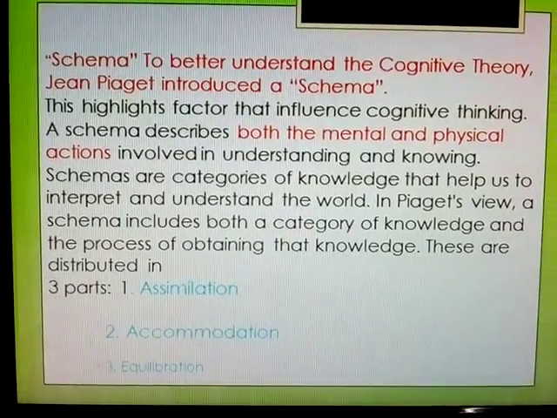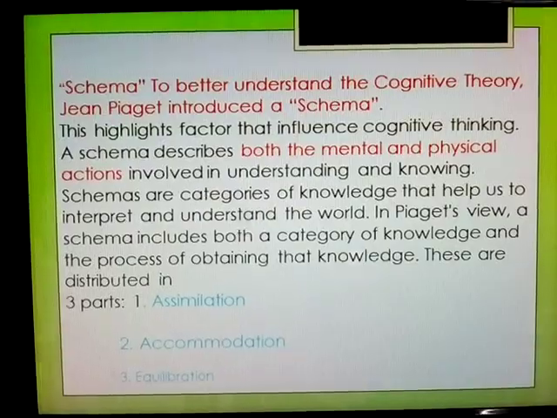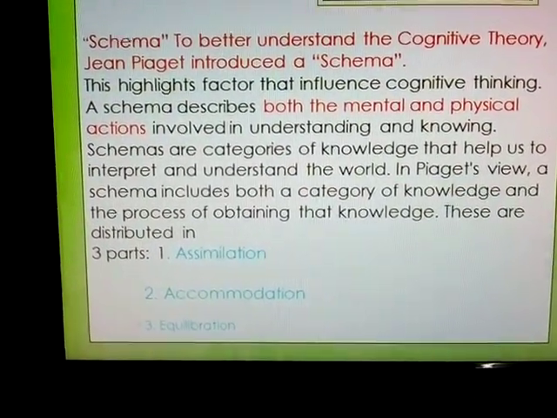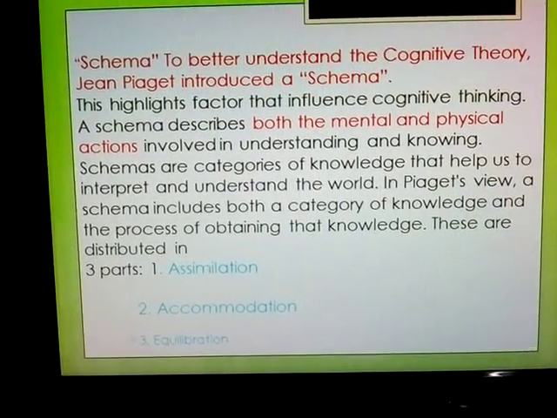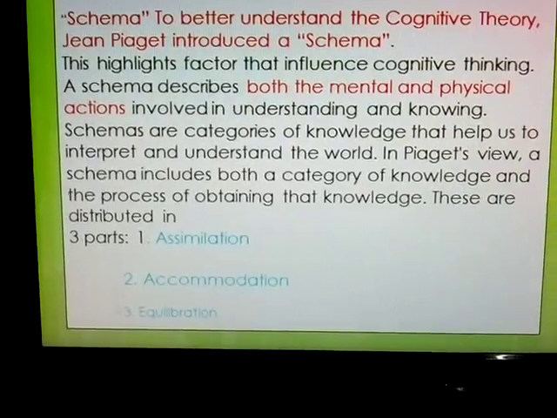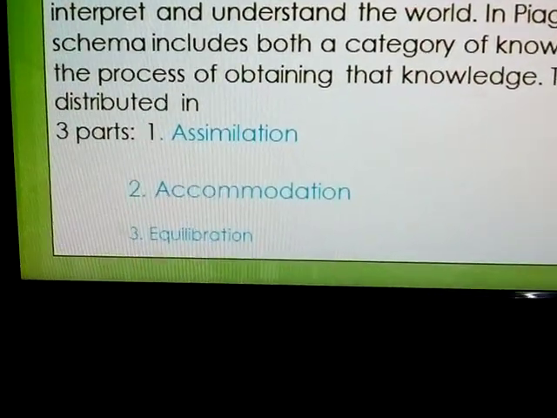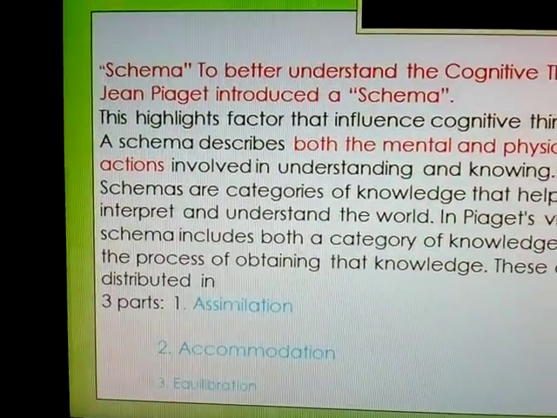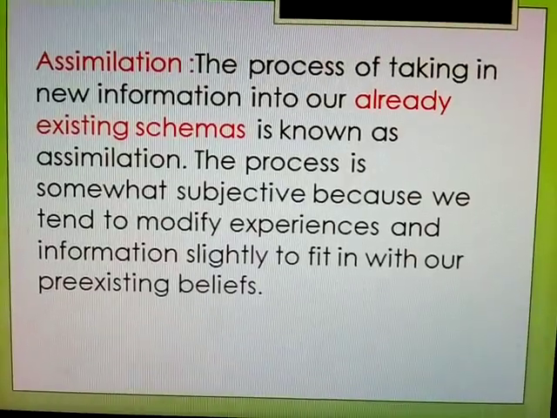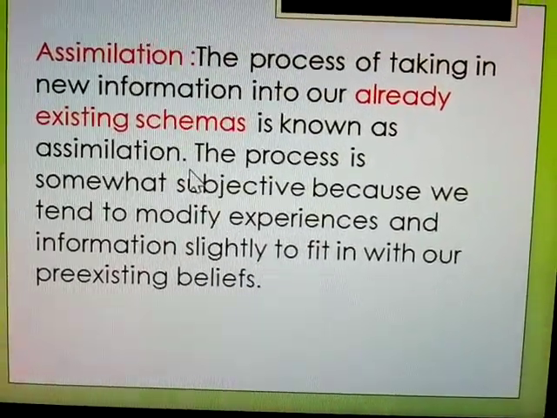Next, schemas are also there. A schema is better understood from cognitive theory. There are three types of processes involving both mental and physical actions in the schema: assimilation, accommodation and equilibration. Assimilation is the process of taking new information into an already existing schema, known as assimilation.